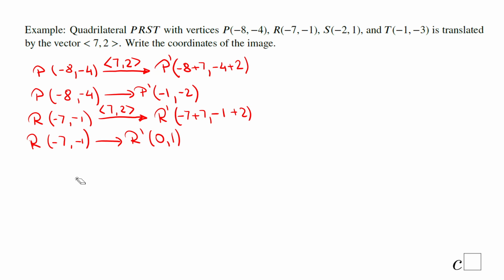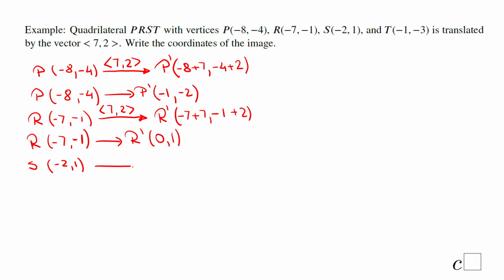Okay, let me erase this -1 a little bit to be clear. Let's move to the third point of the quadrilateral, which is point S, which is -2 and 1.